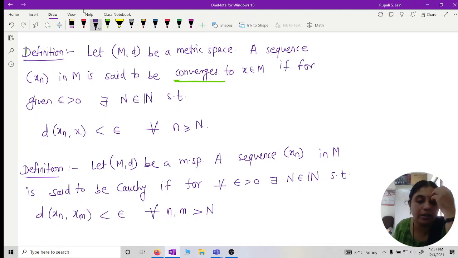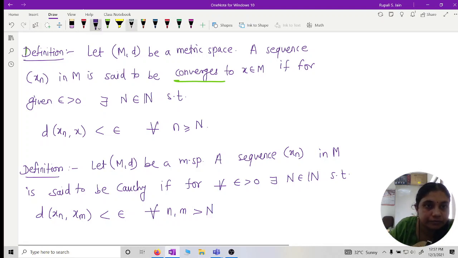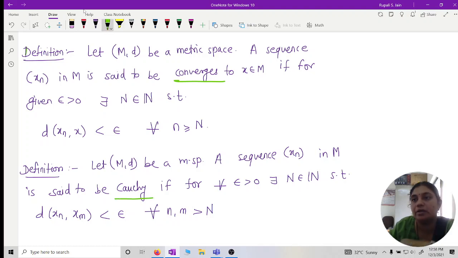You can take capital N or small n0, no problem. Is that okay? This is a Cauchy sequence in a metric space.